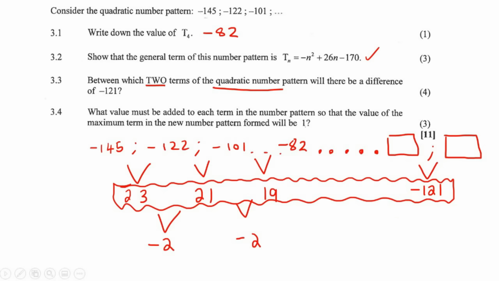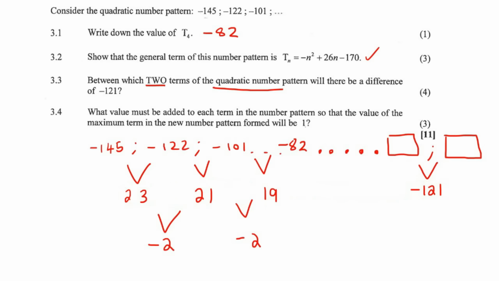The reason that that's pretty easy is that this number pattern here is, okay, so if you're in grade 12, I'm going to call it an arithmetic number pattern. If you are in grade 11, you probably might still be calling it a linear number pattern. Now bear in mind, in grade 11 and 12, they show us two different formulas to calculate an arithmetic or a linear number pattern.